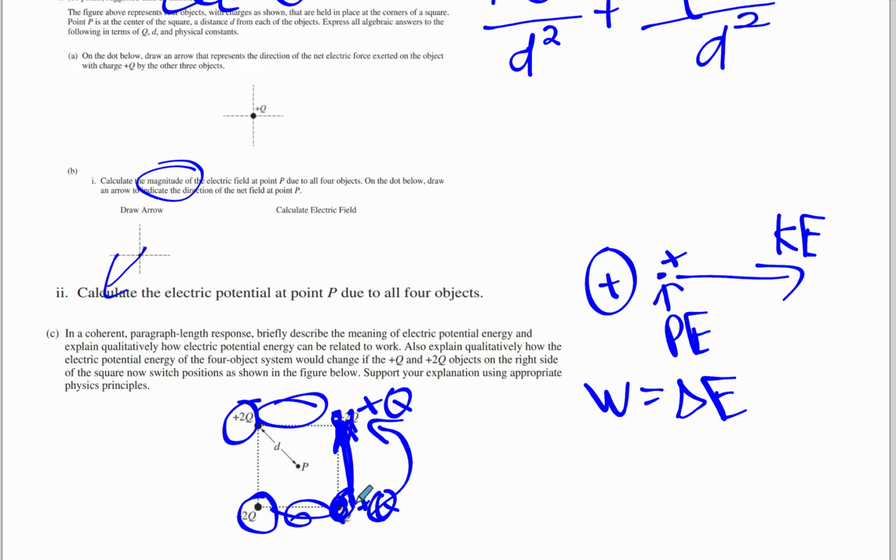And if I let this plus Q charge go, it would be happy to return down here closer to its negative companion. So basically, we have more electric potential energy when the bigger positives are near each other, when the plus 2Q is near the plus 2Q.